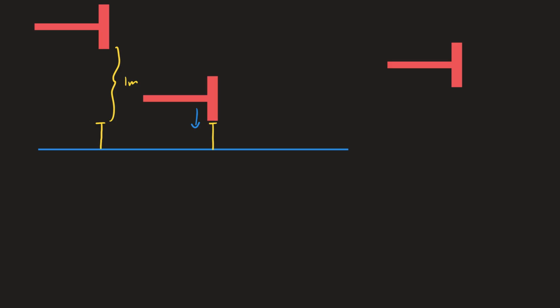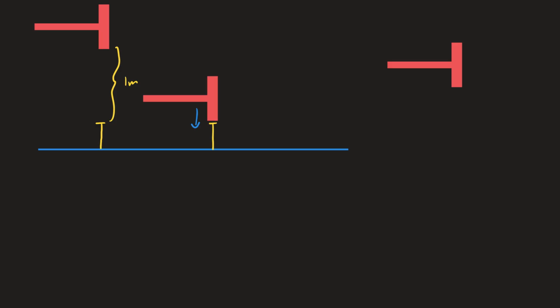So I kind of see 3 stages with this question. There's the stage where the hammer has been lifted 1 meter above the nail. There's the stage where the hammer has dropped 1 meter and is about to strike the nail and is moving downwards, but hasn't started pushing on the nail yet.